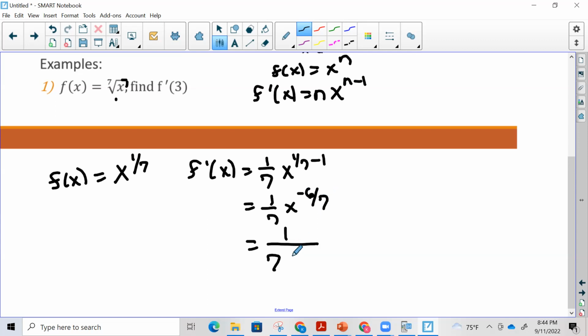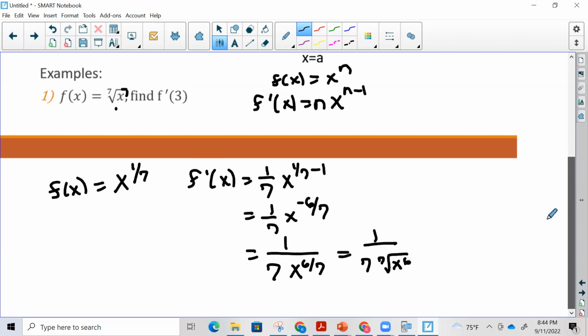Because it's negative, we can move it to the denominator and make it positive. And if we wanted to leave it as a root, it would be the 7th root of x to the 6th. Okay, so the numerator is always the exponent on the variable, and the denominator is always the index on the root. And so that's how you find the derivative.